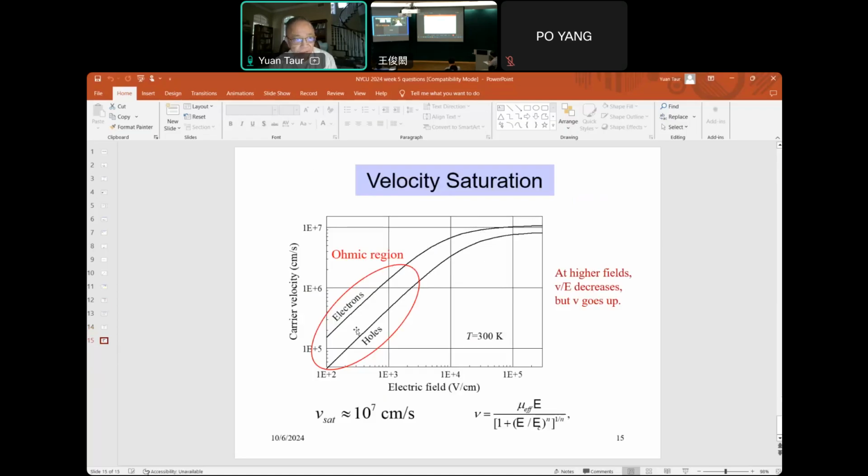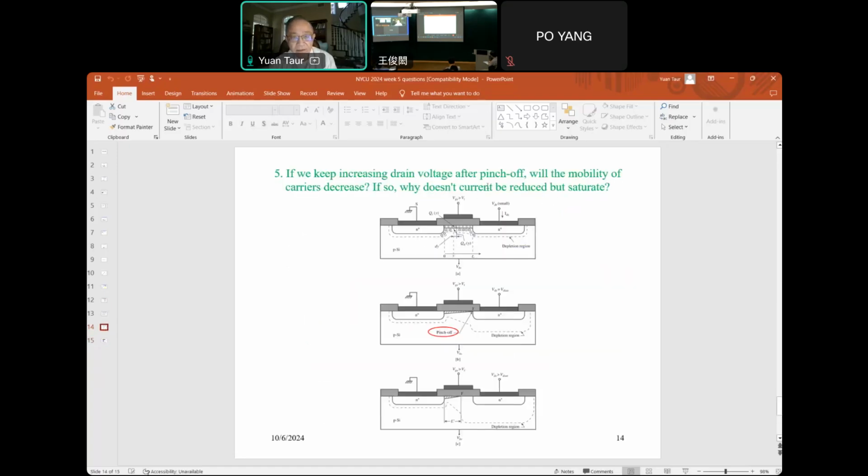So that's why we don't expect the current to be reduced. In fact, it's hard to describe that in terms of mobility because it's in the velocity saturation region. Okay, so I think that covers all the questions, and we'll start on chapter 6.